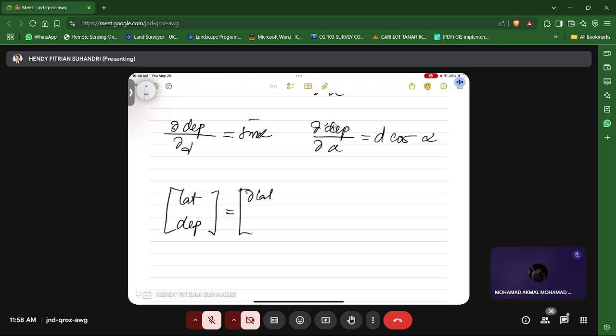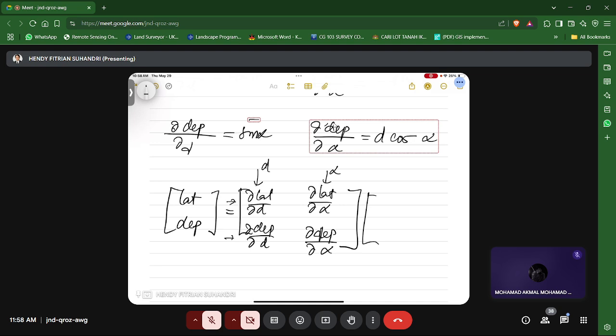Dou lat over dou D, dou dep over dou D. Yang di sini kolom adalah dou latitude over dou alpha, dou departure over dou alpha. Ni banyak kolom sesuai dengan apa unknown parameter kita. Okey, ini berdasarkan apa? Observation kalau jumlah row. So di sini menjadi delta D dan delta alpha. Buat macam tu dulu.